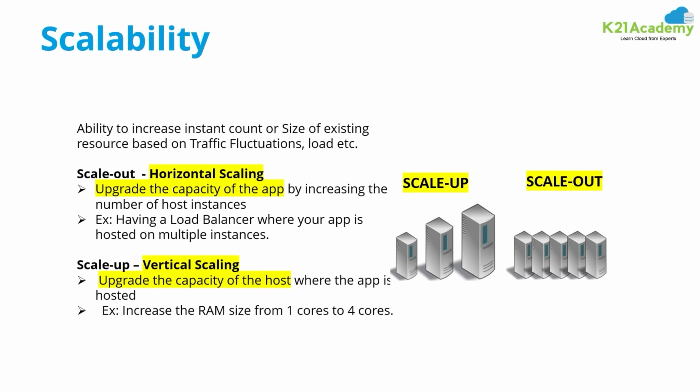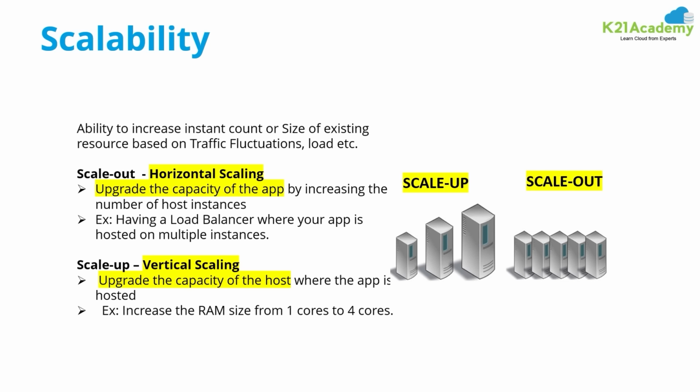If I want to shrink it back, again select the machine, instance settings, instance type, change it to T2 small, T2 micro, whatever you want. I chose T2 micro again and apply. My machine is back to T2 micro.